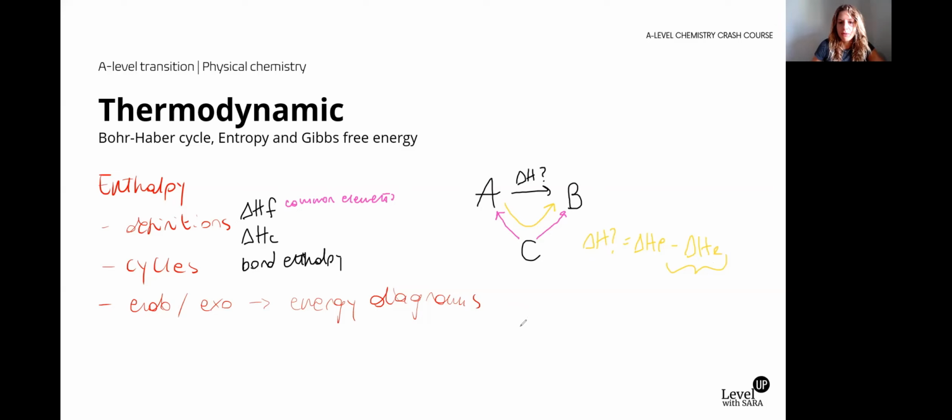Combustion cycle, it would be the opposite. And that is because you remember what is C, the equation for combustion is the enthalpy change when 1 mole of compound is completely burnt in oxygen. So it would be the common products, which means that the arrows would now be going down. So can you guess the general equation for that?